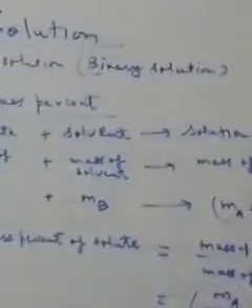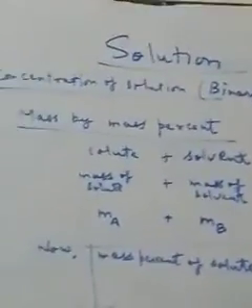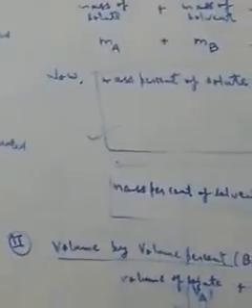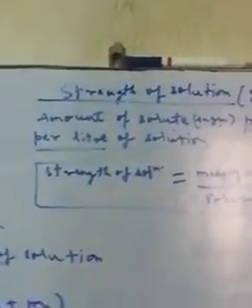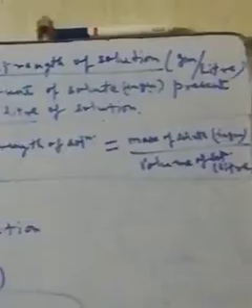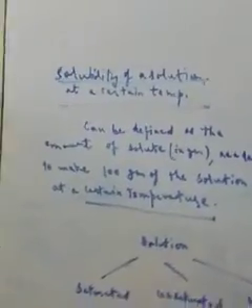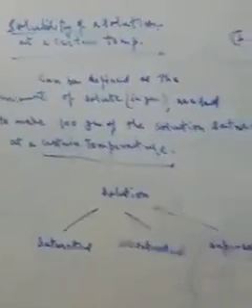So this is overall the concentration of solution by 5 terms. Two terms are mass by mass percent and volume by volume percent. Third is strength of solution, and the last one is solubility of the solution at a certain temperature.